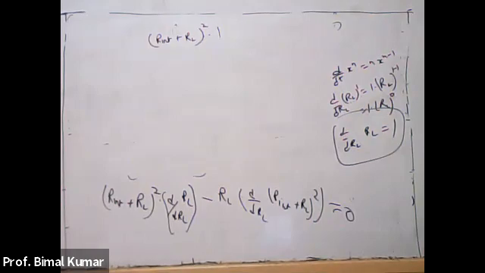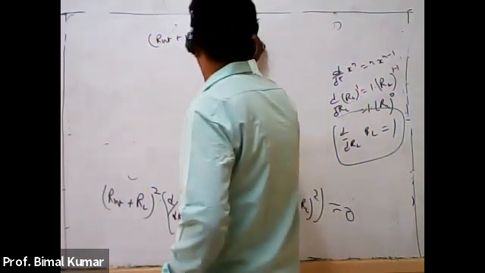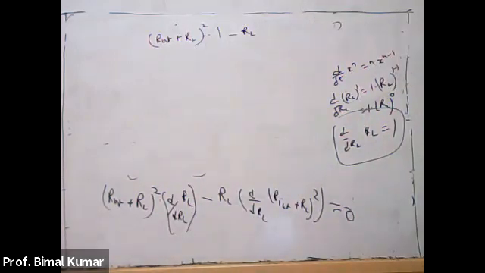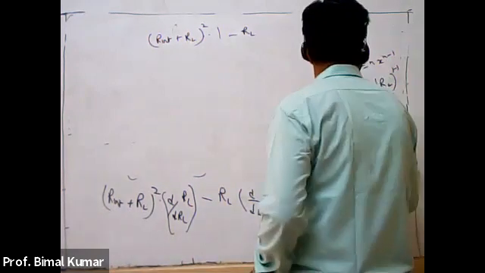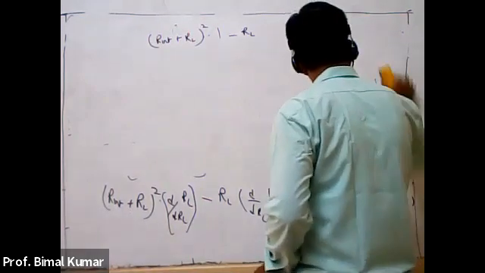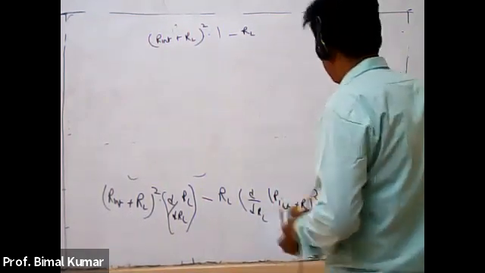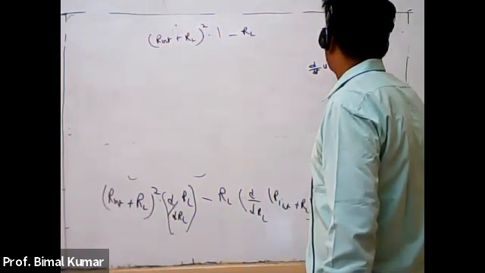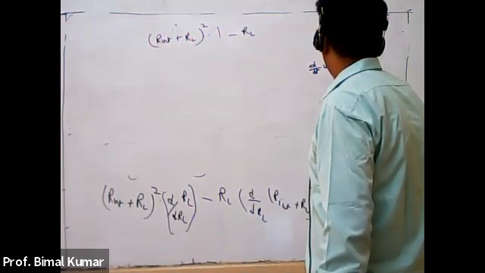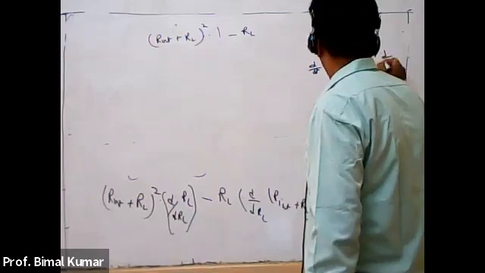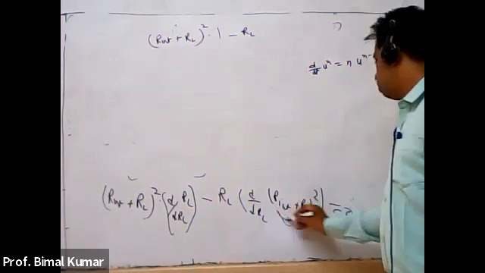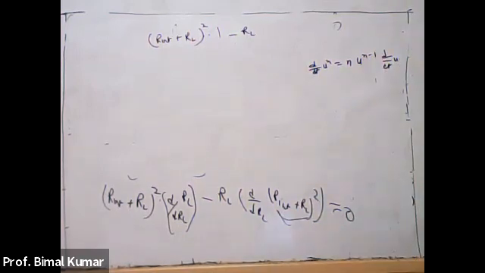Then after that, minus RL into d by dRL of (R internal plus RL) whole square. So d by dx of u raised to power n is equal to n u raised to n minus 1 into d by dx of u, because this R internal plus RL will be variable with respect to RL.